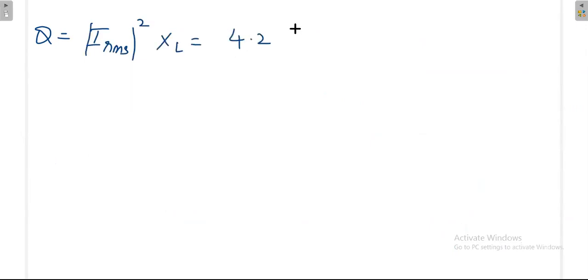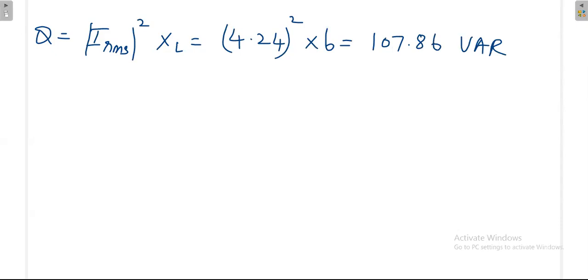So 4.24 whole square, the XL value is 6. Now you will get 107.86 volt ampere reactive. This value is a positive value because for an inductor you will take plus j. It is a positive reactive power.